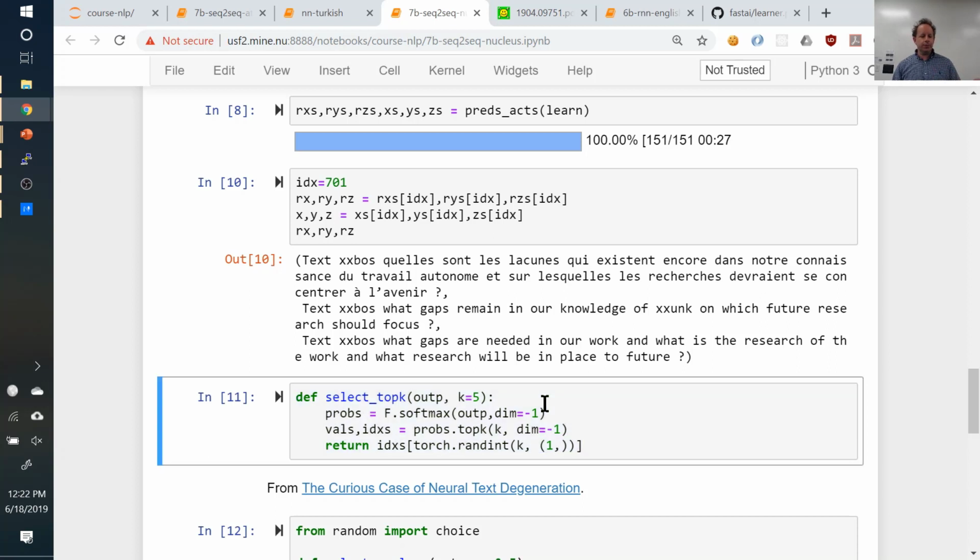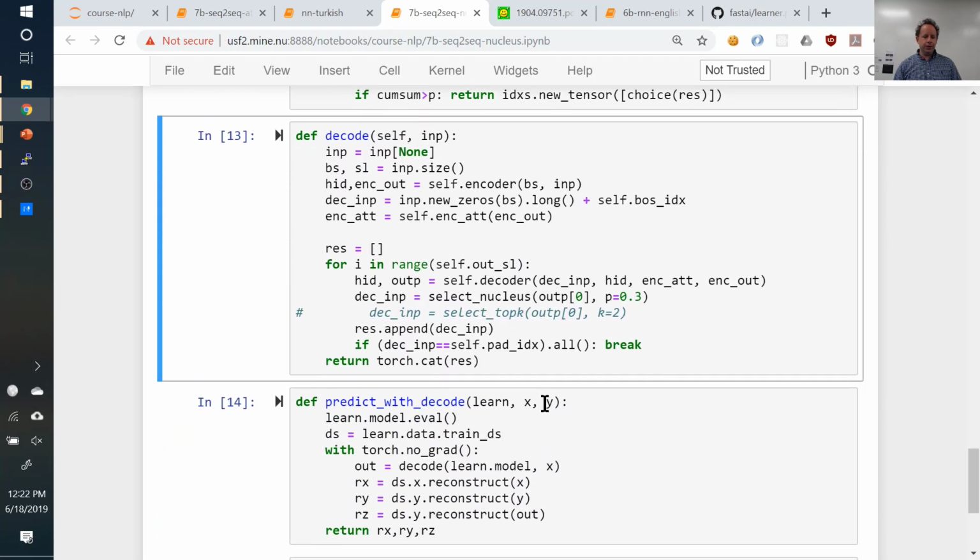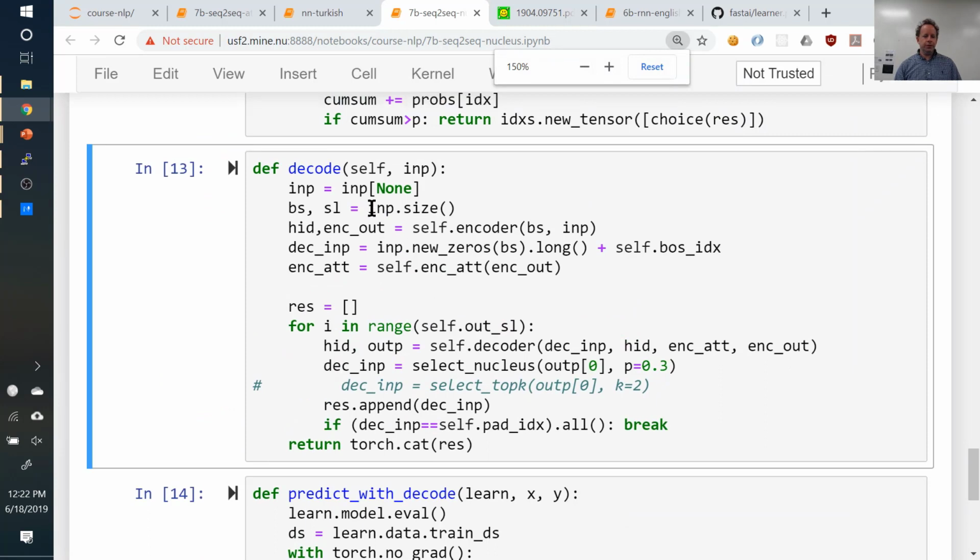If you want to use top K sampling, you need to then put it into a decoder. So what I did was I literally just copied and pasted the decode method and put it into a new function.